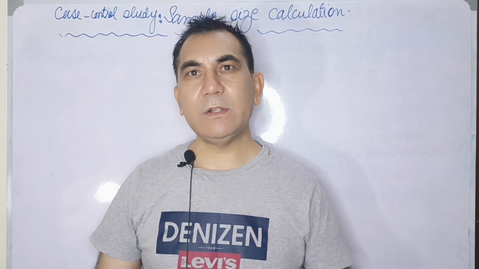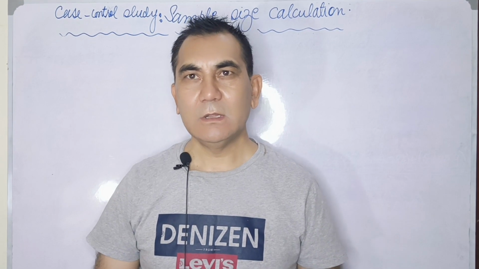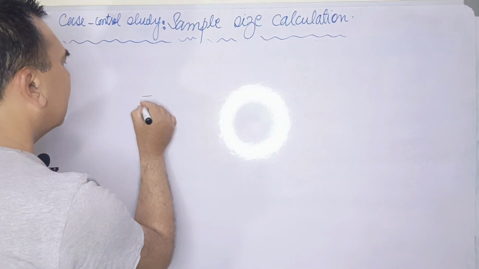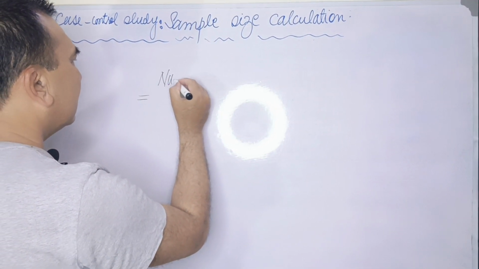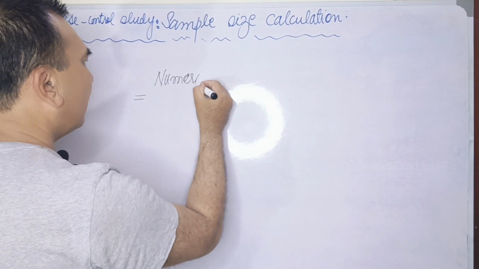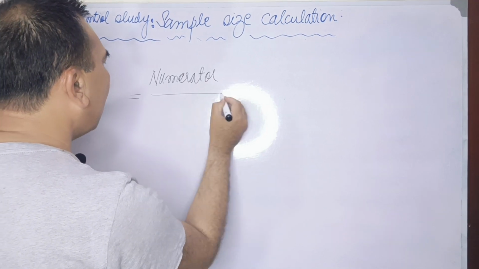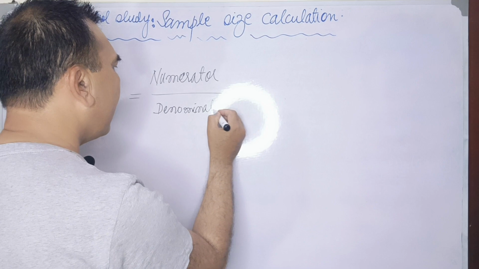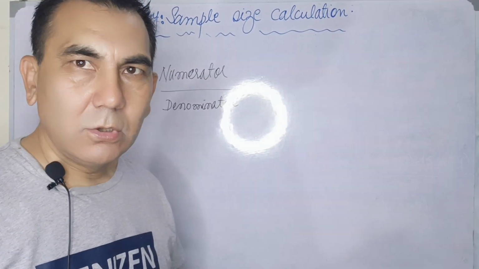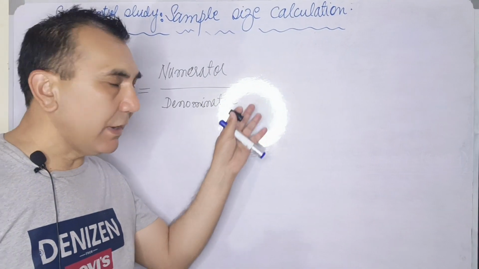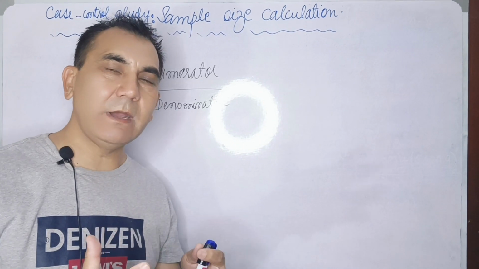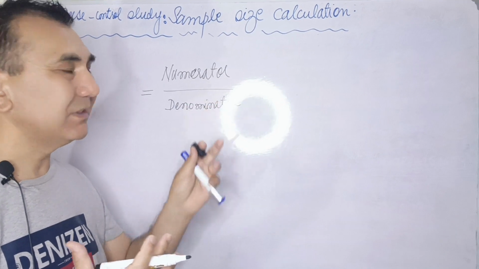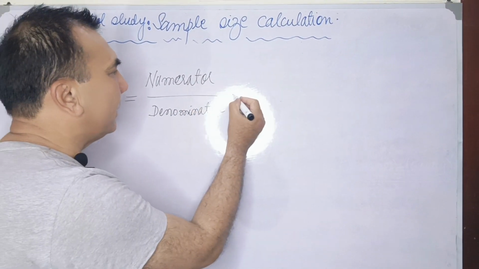If you calculate the incidence rate, definitely you have two portions, the numerator divided by the denominator. The incidence rate is very tricky. You should know what number will come in the numerator.